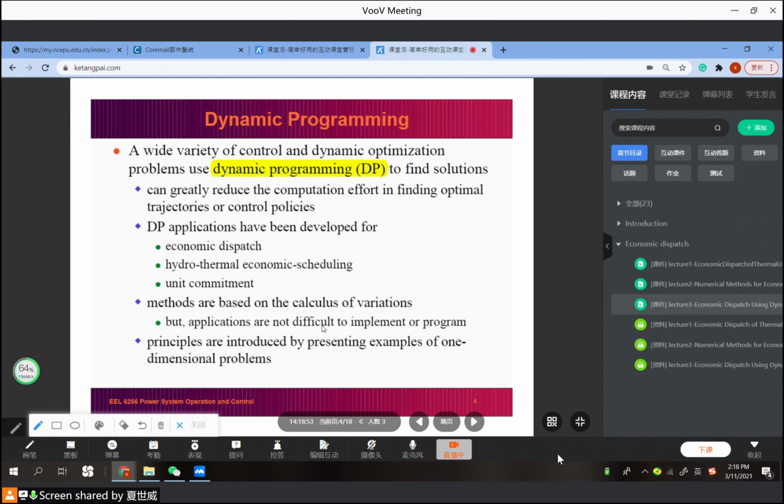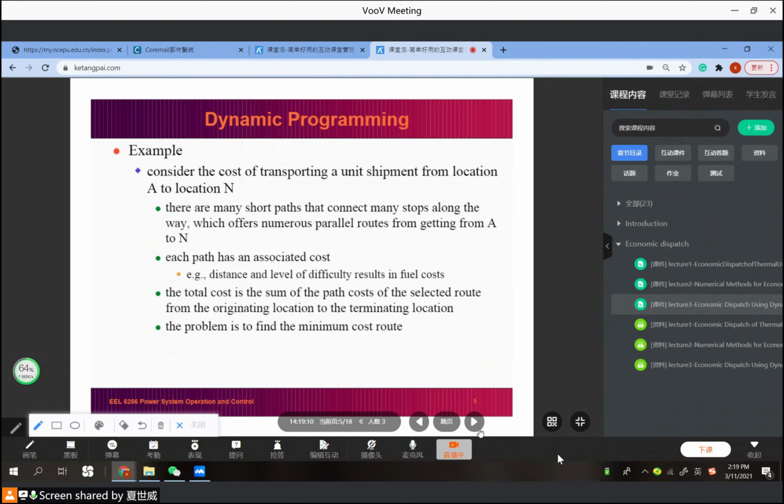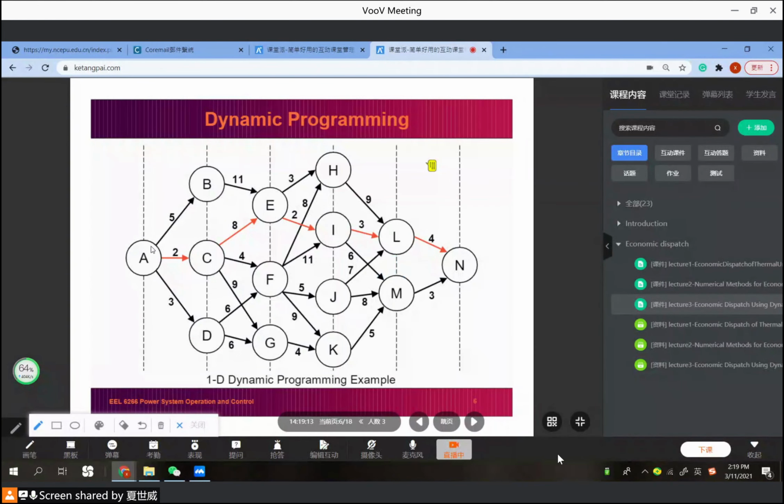I will introduce methods by presenting examples. That means I will show you a mathematical problem, a very simple problem first, and you will know the meaning of dynamic programming. Here, when you start from point A and you want to go to point N, there are a lot of paths you can choose to travel from point A to point N. But for each path, there is a different cost.